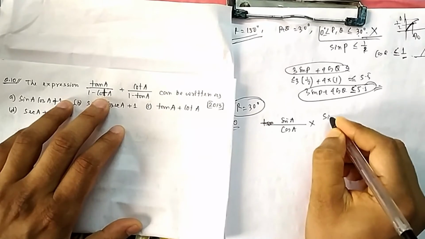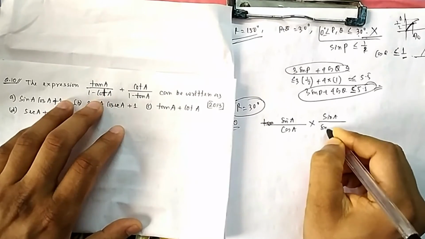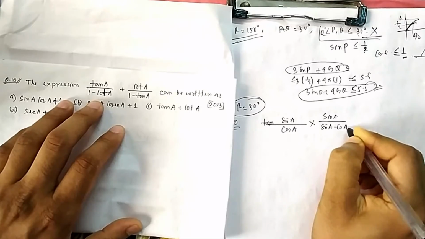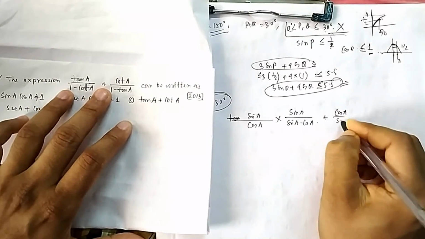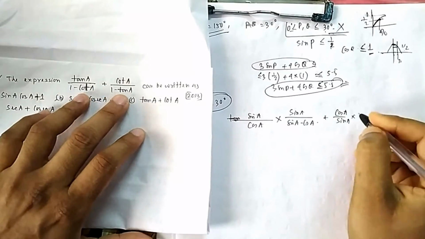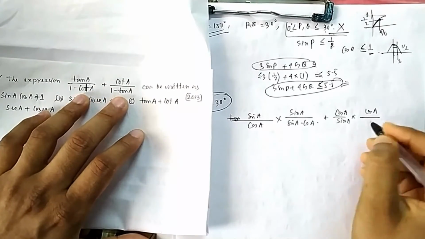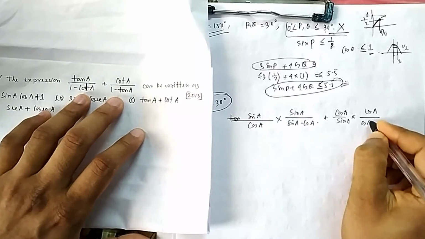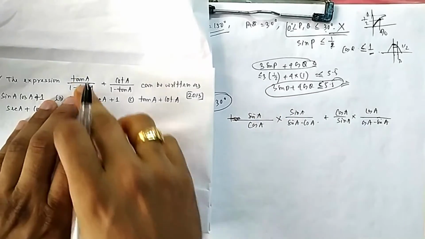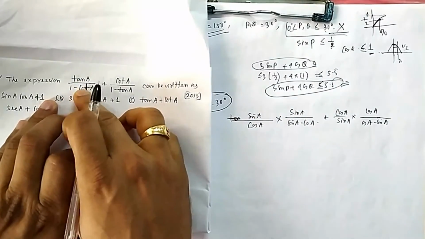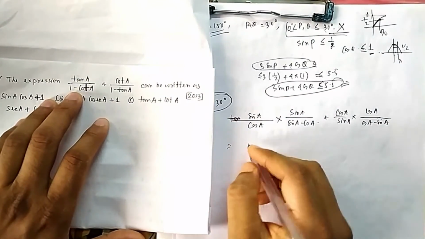So sin a will be upside, and it will take LCM, I am directly writing sin a minus cos a, and here it will be cot a, so cos a by sin a, and here it is sin a by cos a, so if you take LCM it will be cos a, sin a by cos a, so cos a minus sin a. You put everything in sin cos and just take a simple LCM in the denominator, you will find this. So it is something of this format.